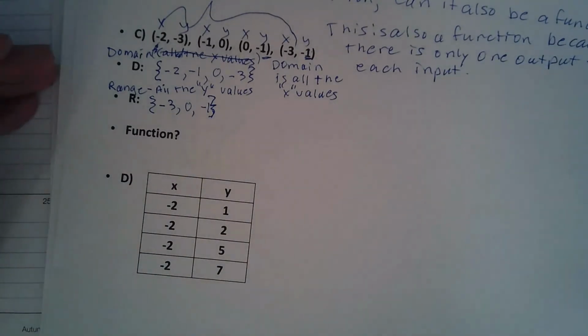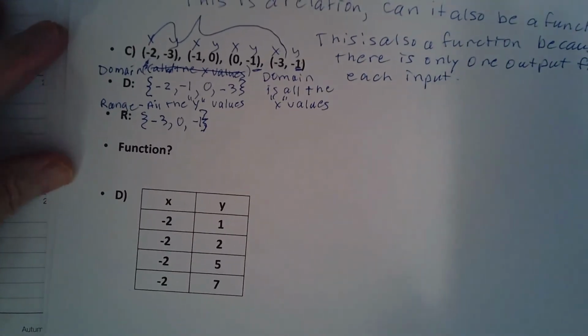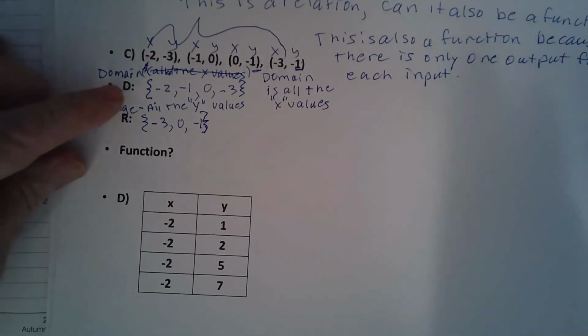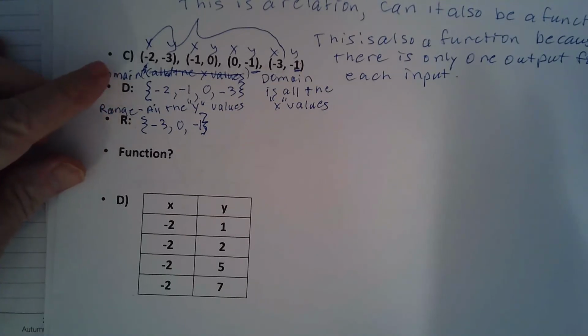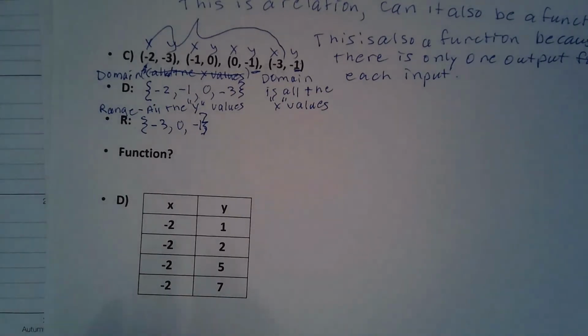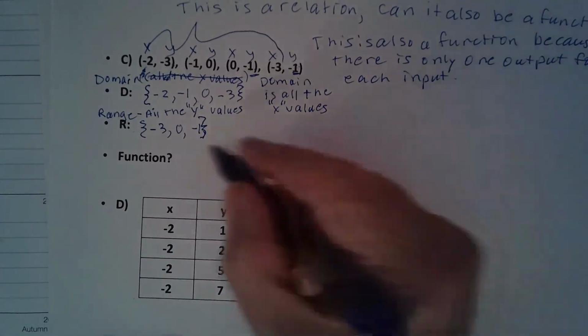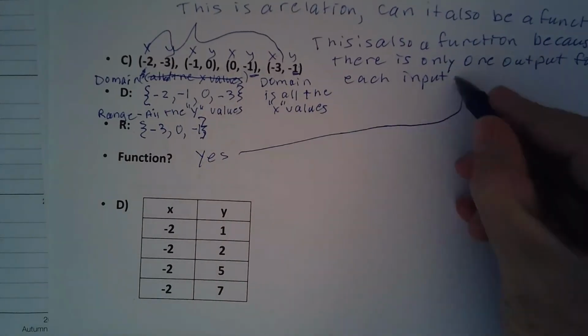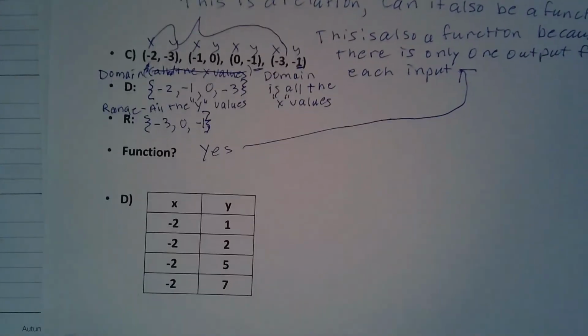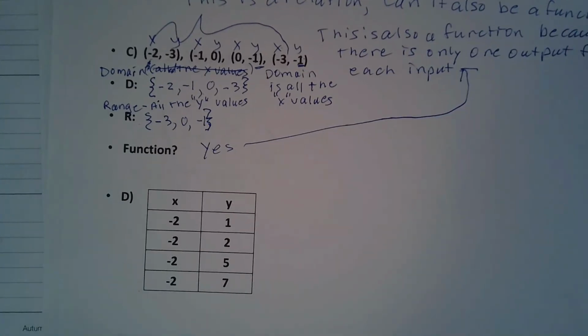Domain and range is meant to only show the actual values in the set. So whenever you're talking about the set of values for a particular function and you're putting it in set notation, which has these curly brackets and parentheses, you only show each number in the domain and each number in the range once. All right, so the question, is it a function? We said yes, because there is only one output for each input. All right.